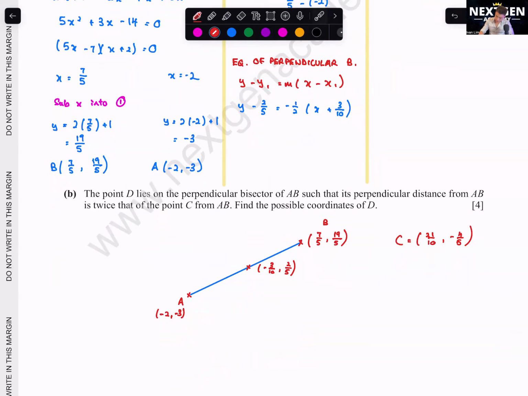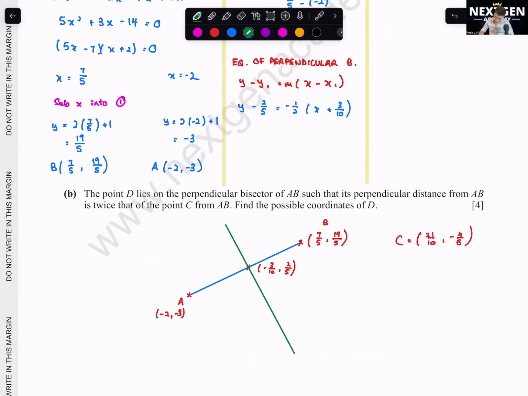Then they say point D is twice the length of point C from AB itself. You try your best to sketch out properly where exactly point C is.